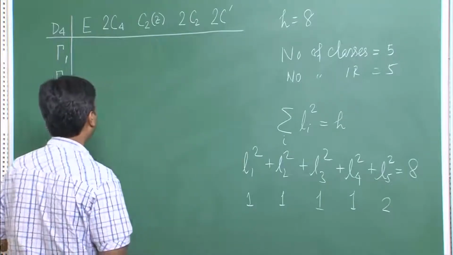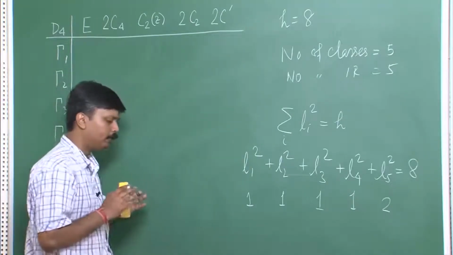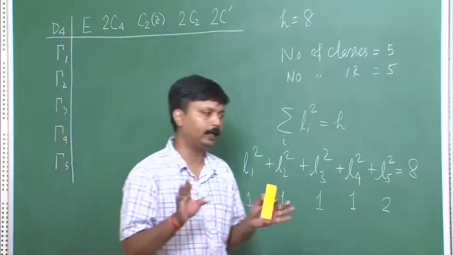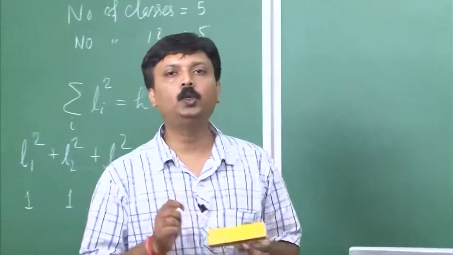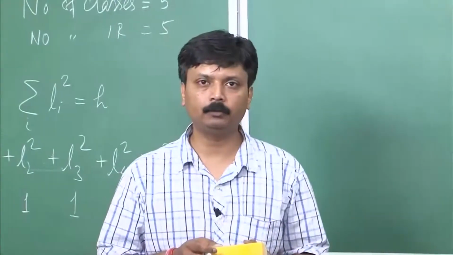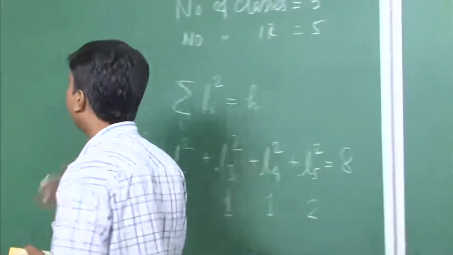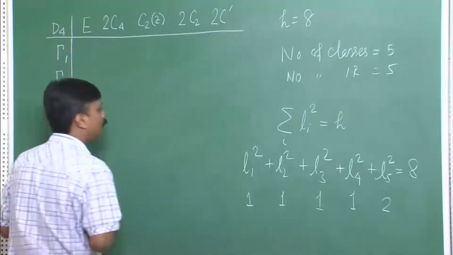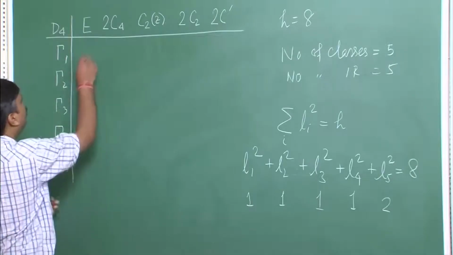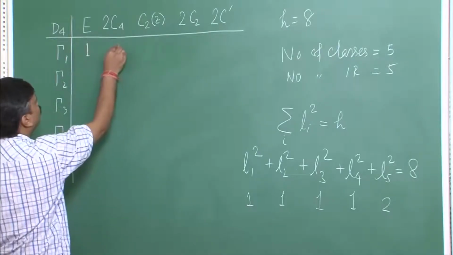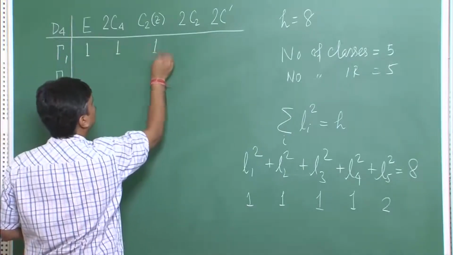All right. Now, we also know that for a given character table of any point group, there will be one totally symmetric irreducible representation, for which all the characters are plus 1, and we can write that for gamma 1. So, let us fill this row.